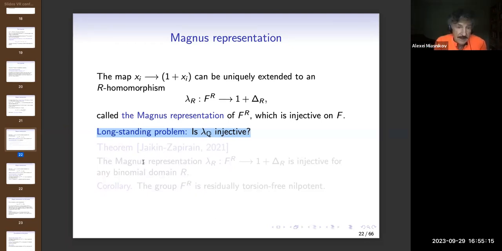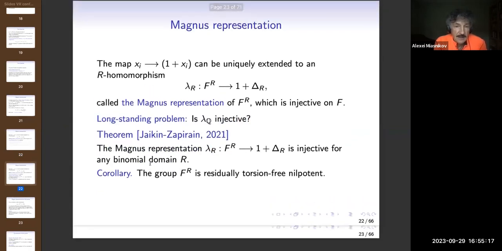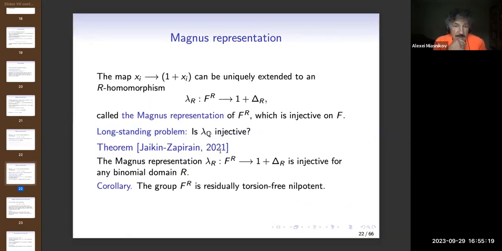We didn't succeed, but Ayçin Zapirain two years ago indeed proved that the Magnus representation, lambda R, of the free R group F to the R is injective for any binomial domain R. So it's not only for Q, it's for an arbitrary binomial domain. So it's a maximal strength result. In particular, this group is residually torsion-free nilpotent.